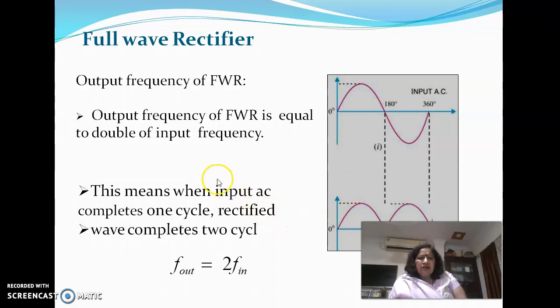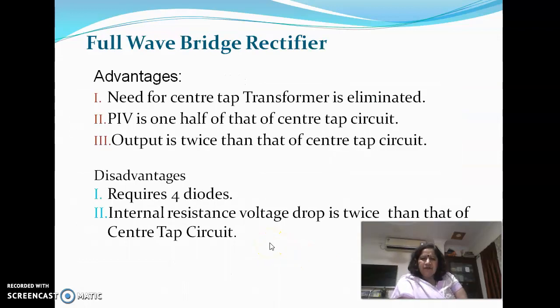As far as the frequency of a full wave rectifier is concerned, the output frequency is double the input frequency. Only one cycle is complete here; two cycles will be completed in one cycle of the input signal. So F out is equal to twice F in.